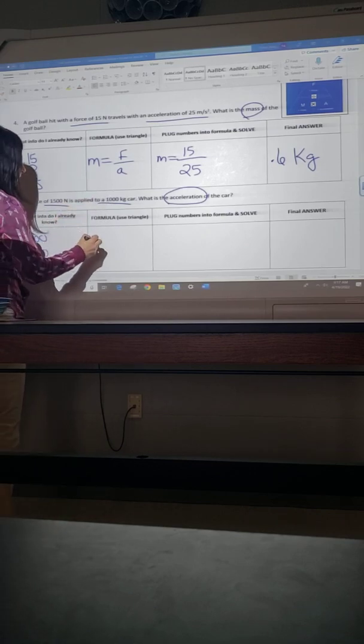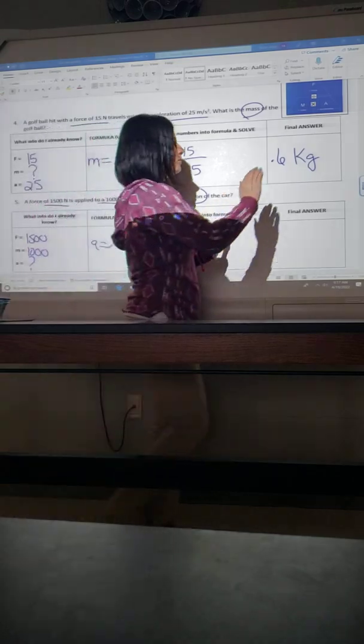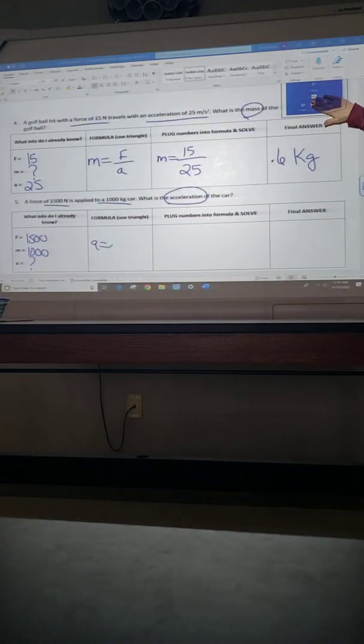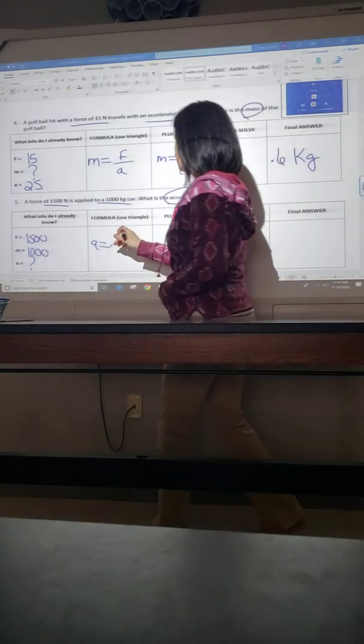All right, so we're setting up for acceleration. So again, I go to my handy dandy triangle, and it says to do what for my equation? What's that going to be? Austin, what do you think? Force divided by mass. Good.